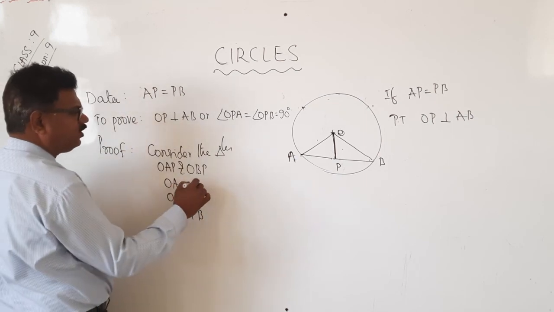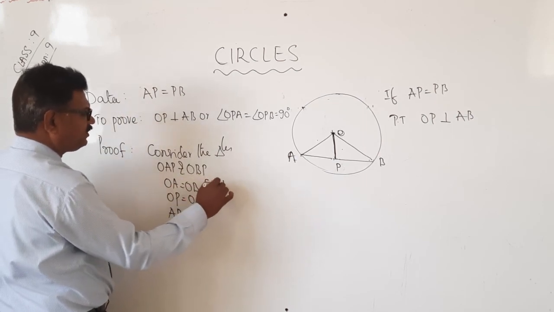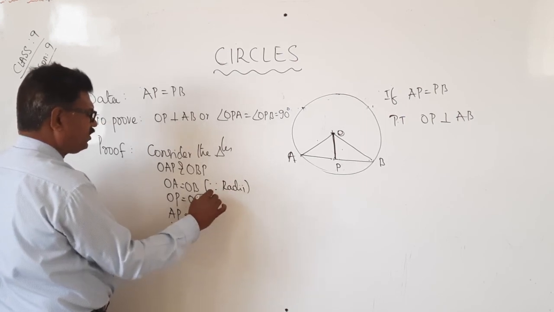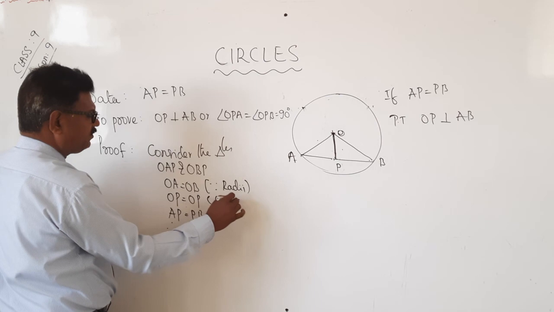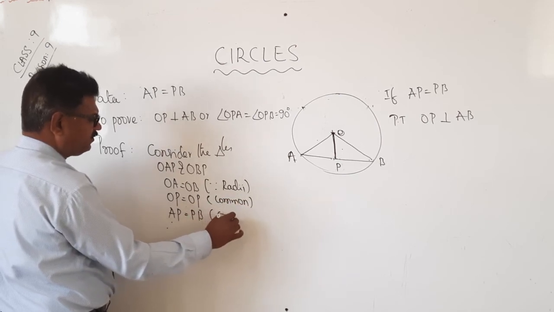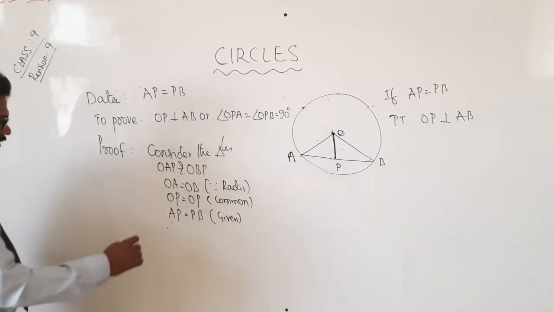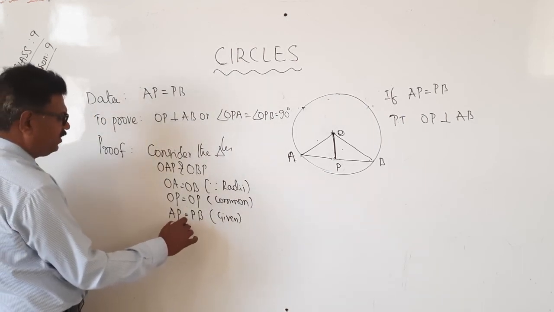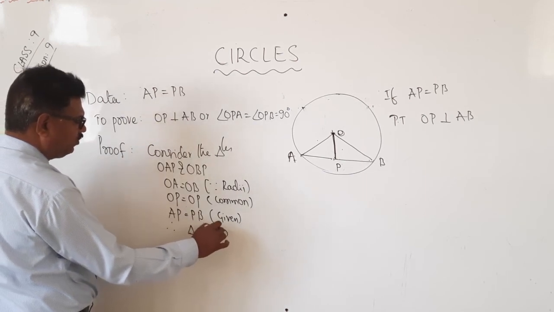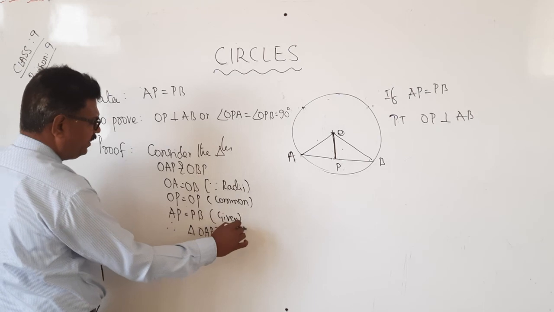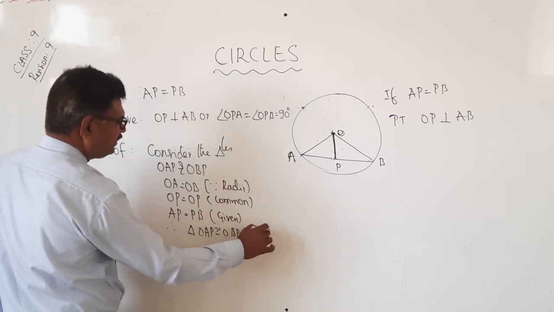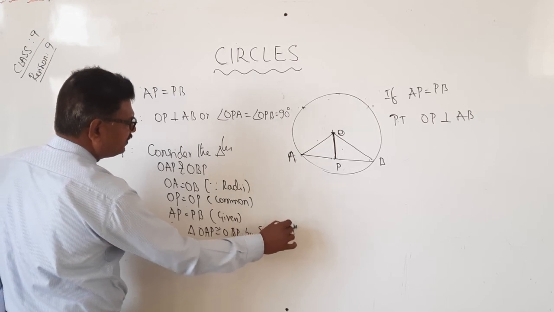OA equal to OB because radii. OP common. Next, given. Okay? Therefore, what happened? Triangle OAP is congruent to OBP by SSS condition.